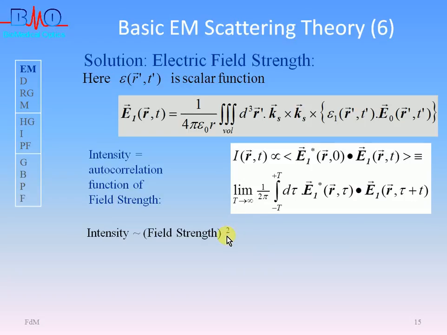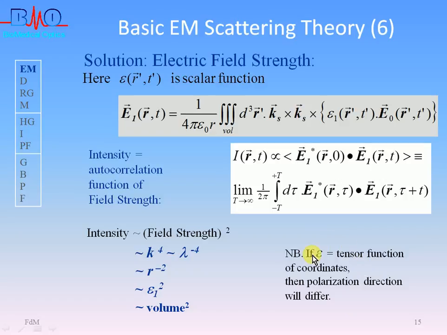And you can see that the intensity is proportional to the field strength squared, and thus it will be proportional to k to the 4th power, or 1 over lambda to the 4th power, which means that short wavelength light will be scattered more than long wavelength light. 1 over r squared, the spherical wave, epsilon squared, and the volume squared. And please note that if that epsilon is a tensor function, not a scalar but a tensor function of the coordinates, then the polarization direction will differ.